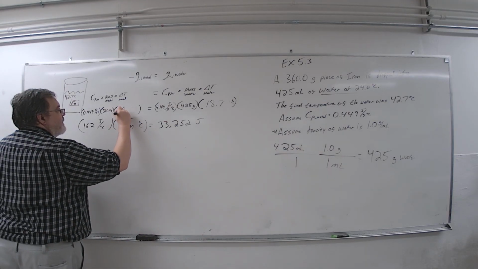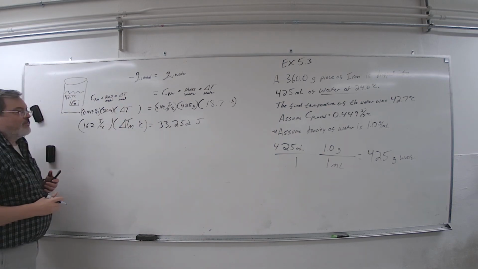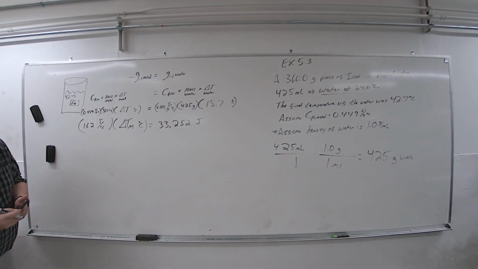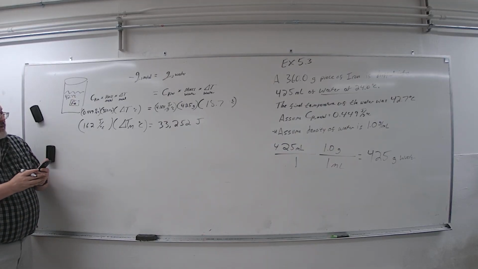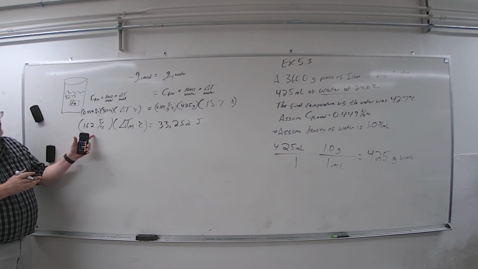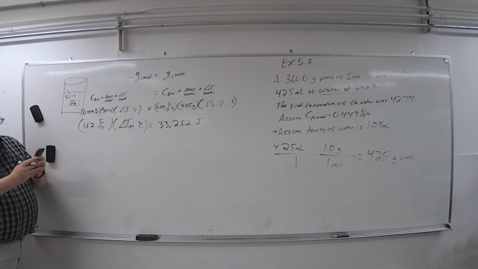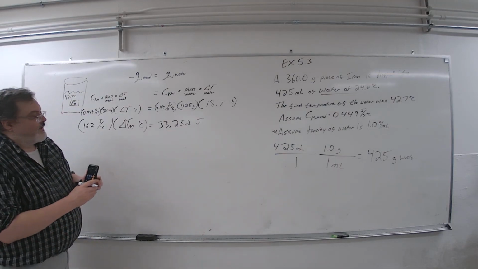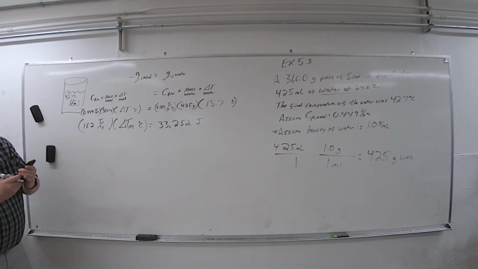We just have delta T of the metal. I'd like if it came out to what the book got. And now we can just divide both sides by this. And let's not round this yet. Let's keep 33,252 divided by 162.